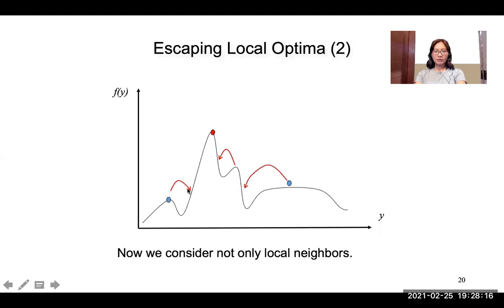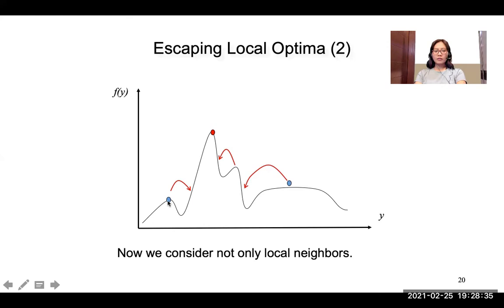Like this, for example. Now we consider not only the local neighbor. For example, this is your current state, and then you also consider the neighbor in here, and in here. So it's random.